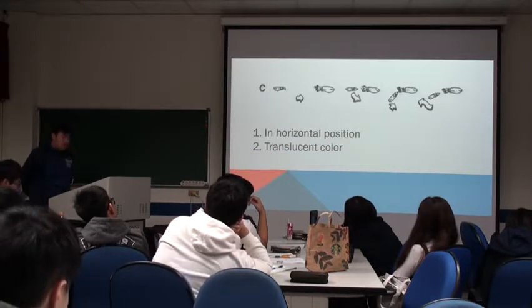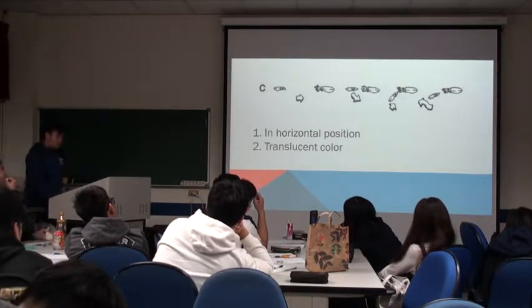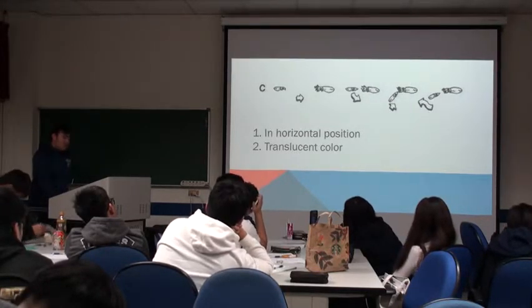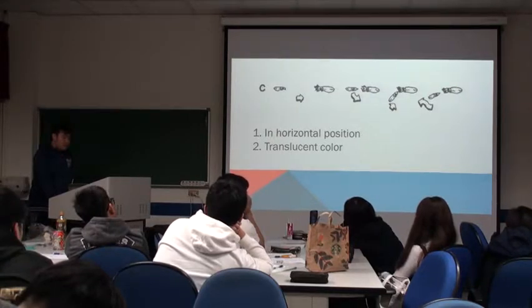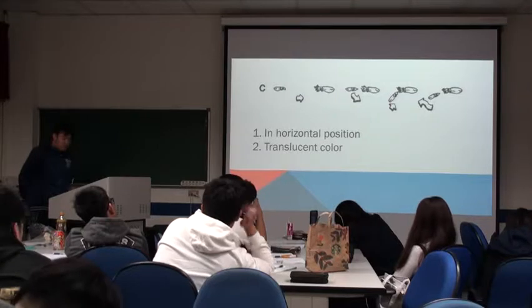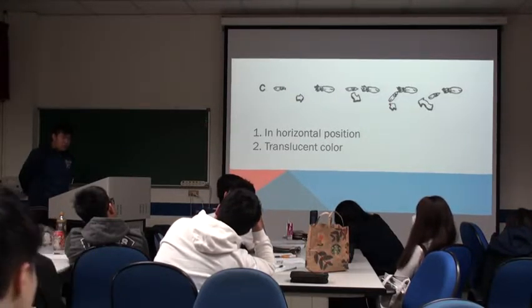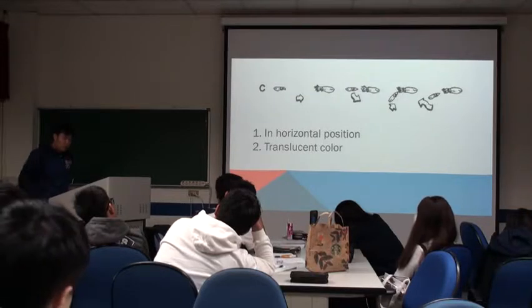Then pattern C is in a horizontal position. It is not very easy to see, but the female presents translucent color during mating, while the male doesn't change color.